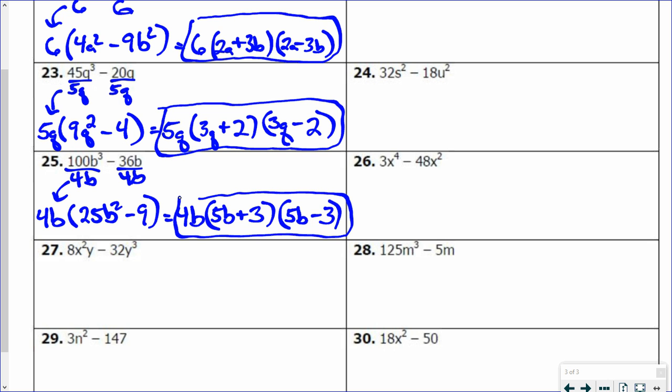All right, so let's do one more of these. All right, so on this one I can factor out an 8, and I can factor out a y. So I can't factor out an x because this one doesn't have any x's. So I'm going to factor out 8y. So 8y.